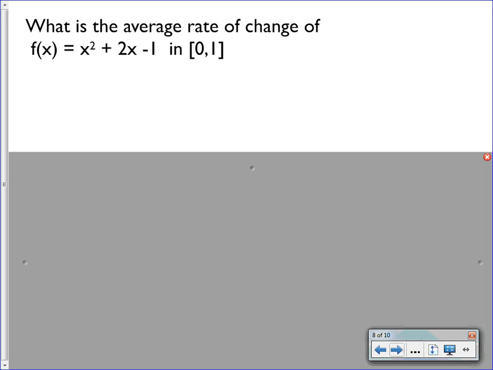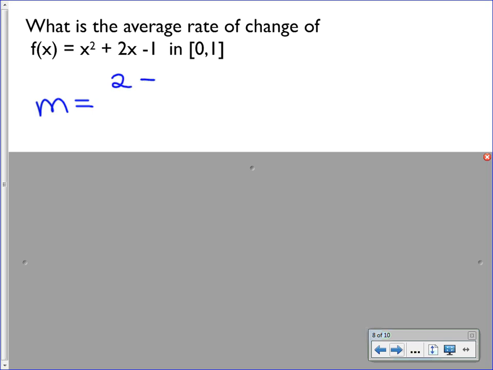What is the average rate of change of this function in the interval 0 to 1? No. What do we need to find? What's average rate of change? Slope. What is our function value at 1? 2.